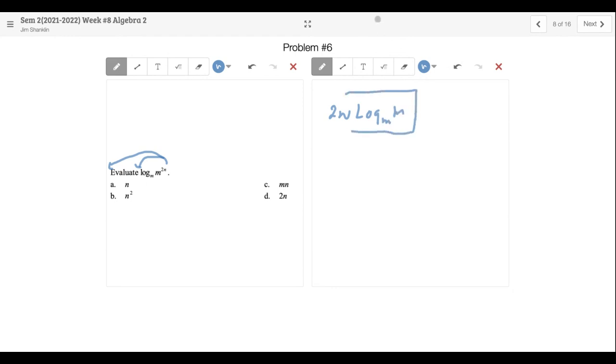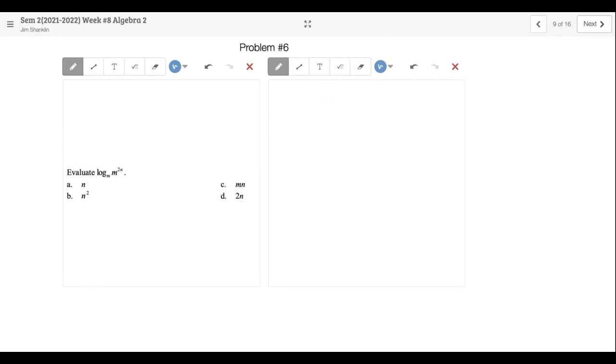Well, this is pretty easy. What does a log base m of m equal? That is 1, right? So now I have 2n times 1, which is just 2n, which is letter D. Pretty awesome. The rules really help a lot. Once you understand the rules, it's pretty easy.